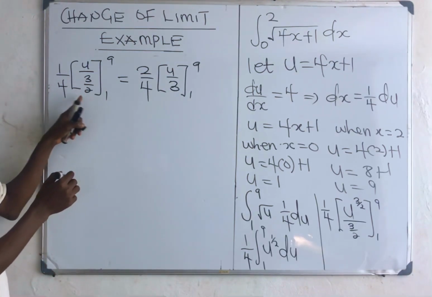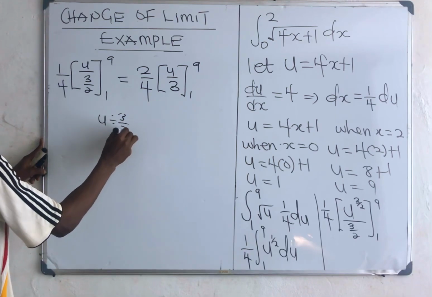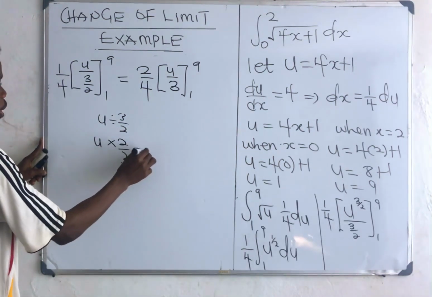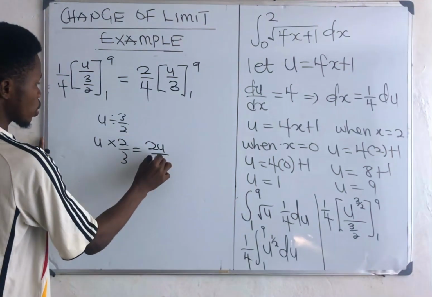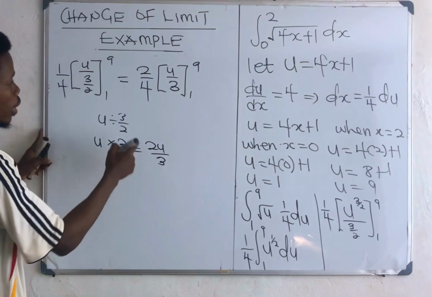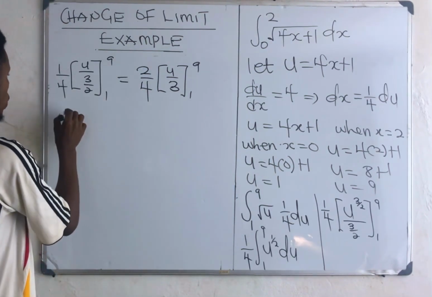You know why it is so? Because if you have u divided by 3 over 2, so I have my u times the 2 will go, the 3 will come here. This will give you 2u over 3. But there's 1 over 4 here, so that's why it's 2 over 4 here. So now that we have this, we can do the substitution.